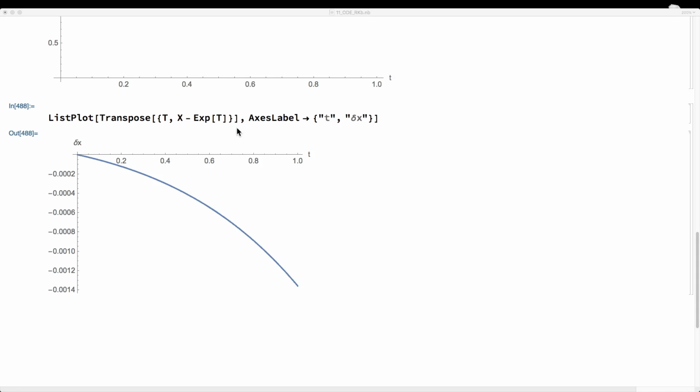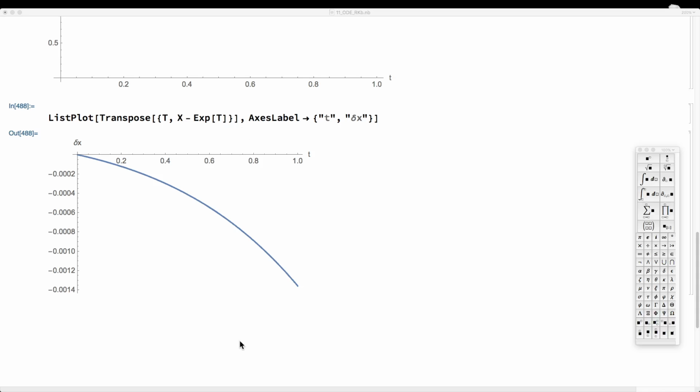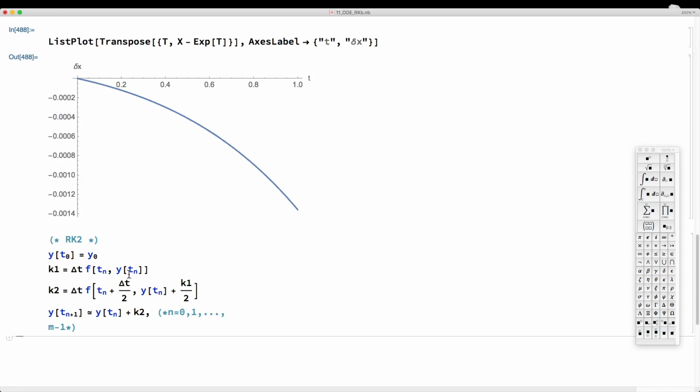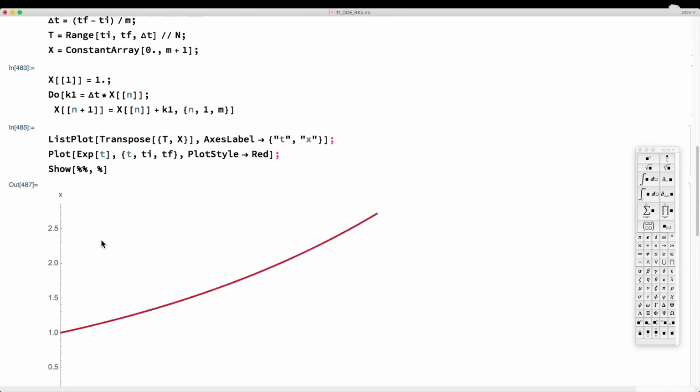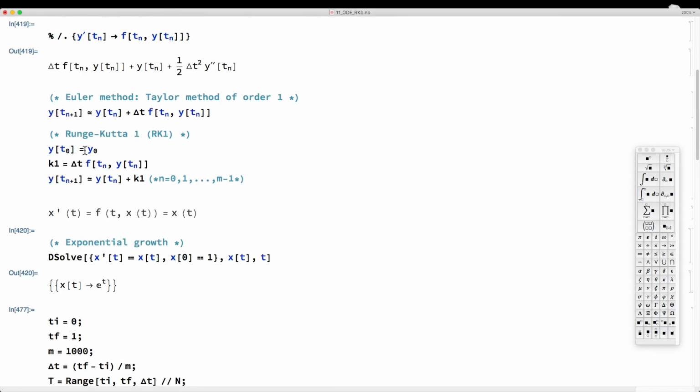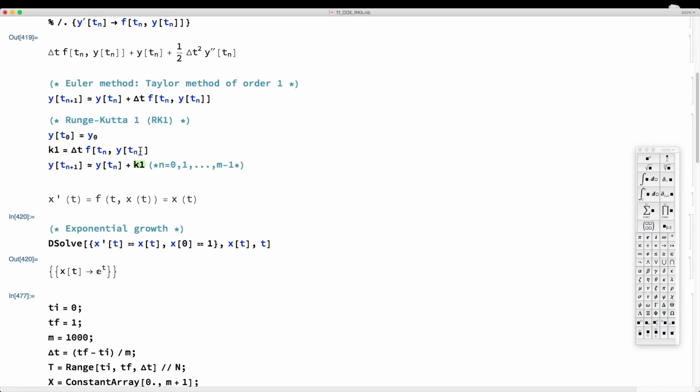Okay, so with that in mind, let's move on to a higher order method, which is a bit more useful. If we inspect this again, the RK1 method is given by this scheme right here. So we have a correction of order delta t to add in each time step.